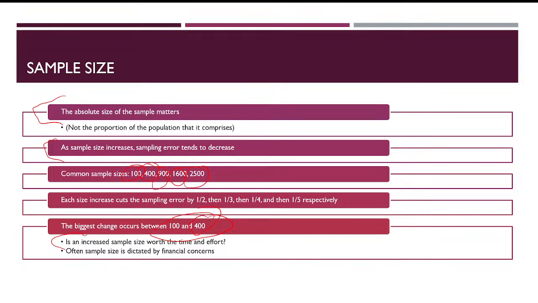Especially if you're doing something like structured interviews, right, where you have to sit there, or phone interviews, where it's going to cost and it's going to be time consuming. And often sample size is dictated by financial concerns, right? I think when I did 400 person surveys in the Edmonton area, it was about $8,000, and that was a few years ago.